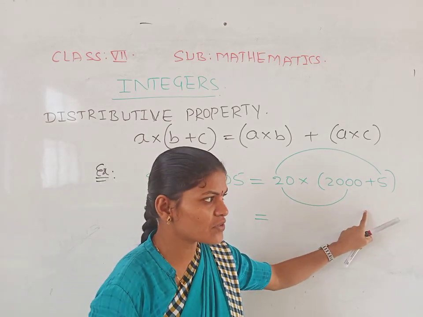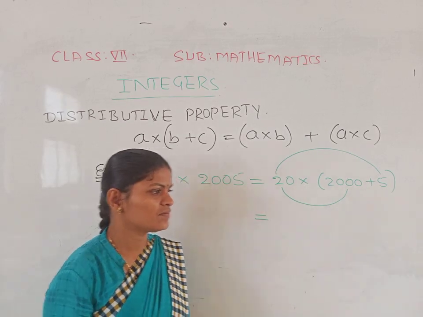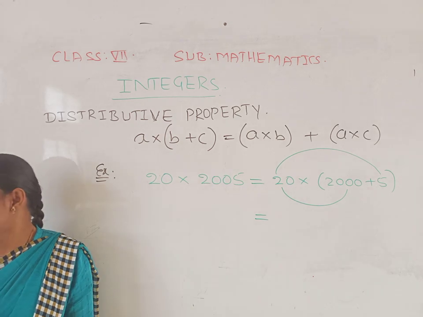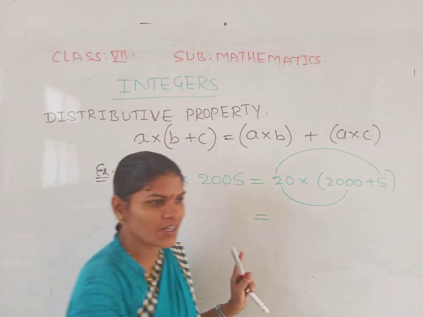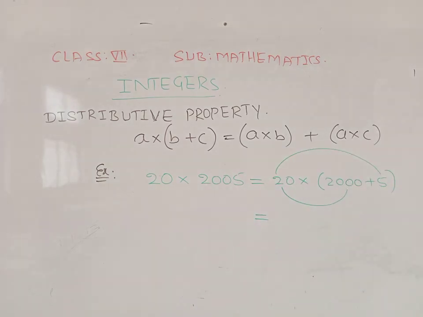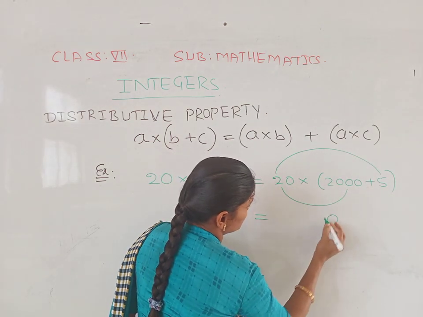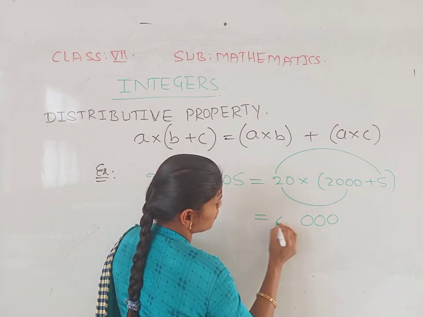20 into 2000 plus 20 into 5. 20 into 2000, how much? Don't see here. You have to calculate and tell the answer. What's your answer? 20 into 2000. 20 into 0, 0. 20 into 0, 0. 20 into 0, 0. 20 into 2, 40.